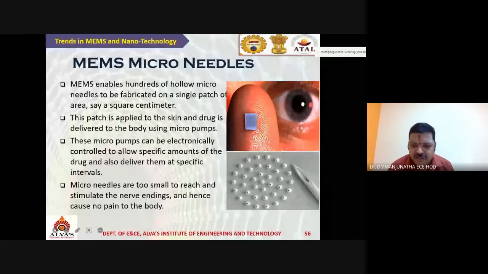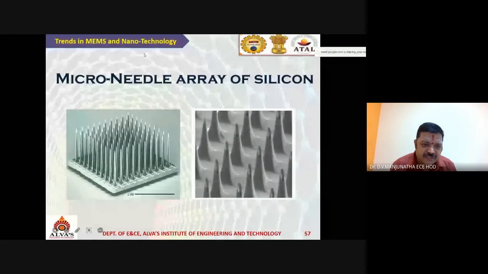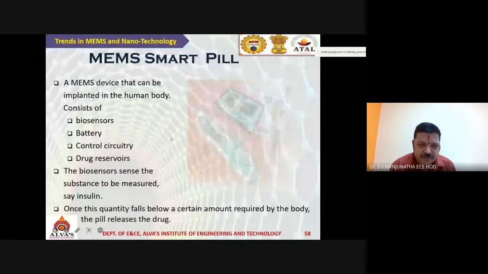They will put the patch on the tip of the finger, and through that they will introduce the drug. So this is a drug delivery system, MEMS micro needles. This is one of the best applications in the medical area, right? So these are all the needles through which the medicine can be inserted into the patient.